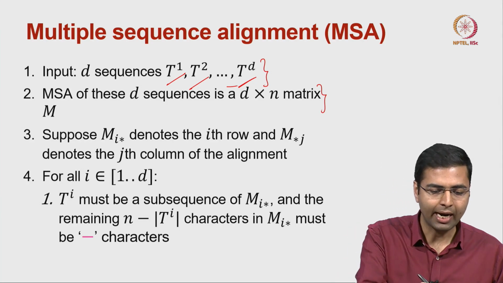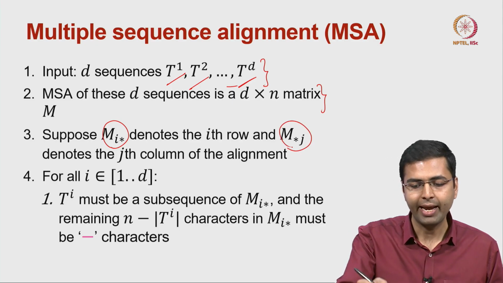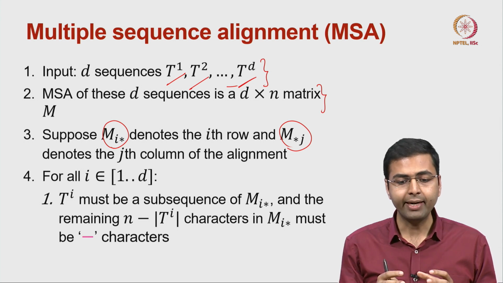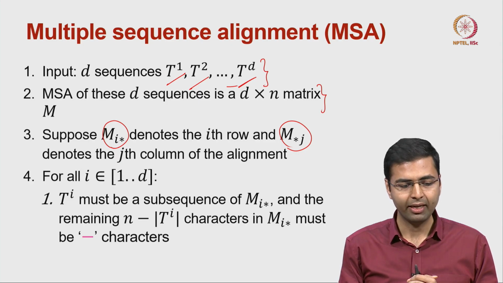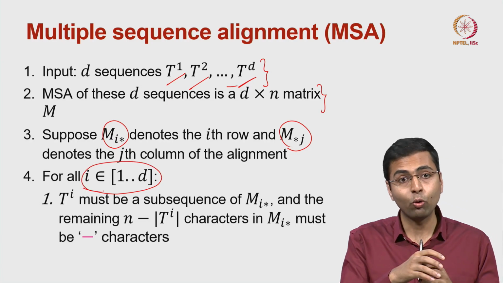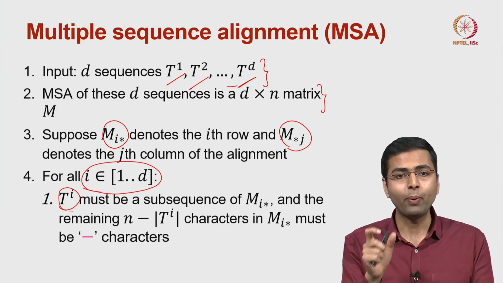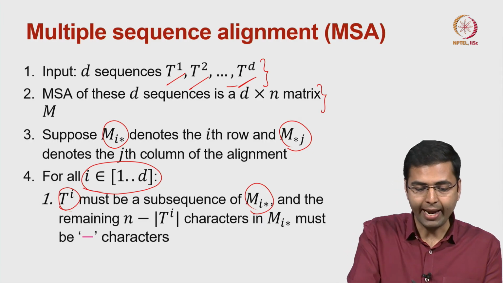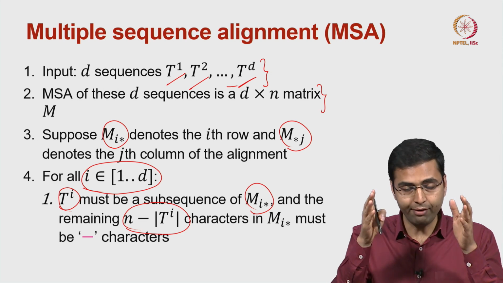Let me denote M i star as the ith row of that matrix and M star j as the jth column of the matrix. This D cross N matrix M is a multiple sequence alignment if, for all i from 1 to D, that is for all rows, sequence T i is a subsequence of row M i star, and the remaining N minus the length of T i characters are dash characters which correspond to gaps.